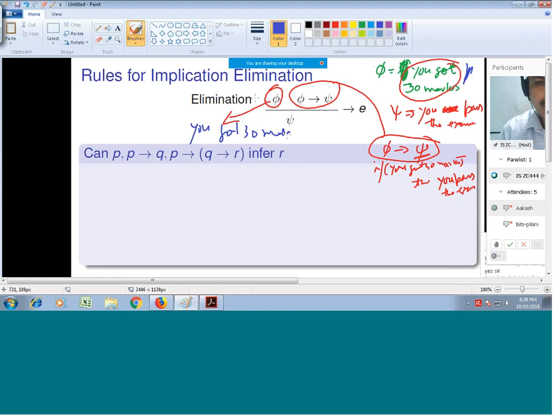So two statements are there. Number one, you got 30 marks, and another, if you got 30 marks, then you pass. So my question is that if these two things are given to you, it means that you pass the exam. Correct?